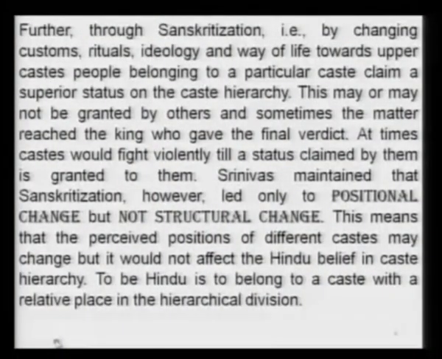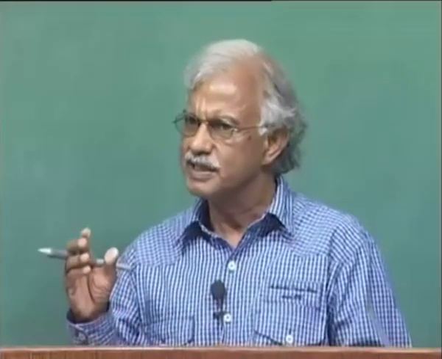Through Sanskritization, that is by changing customs, rituals, ideology and way of life towards the upper caste, people belonging to a particular caste claim a superior status on the caste hierarchy. This may or may not be granted. Srinivas maintained that Sanskritization, however, led only to positional change, means change in position of some specific castes, castes which were trying to Sanskritize their ideology, rituals and lifestyles, maybe learning the Sanskrit language, maybe becoming vegetarian, maybe taking to prayers, maybe reading the Ramcharitmanas and Mahabharata, whatever.